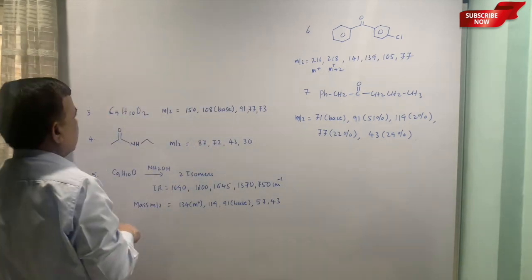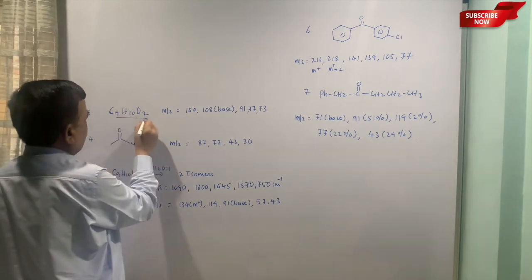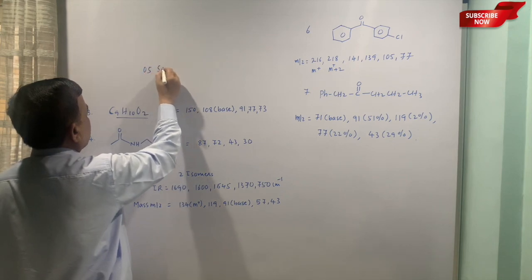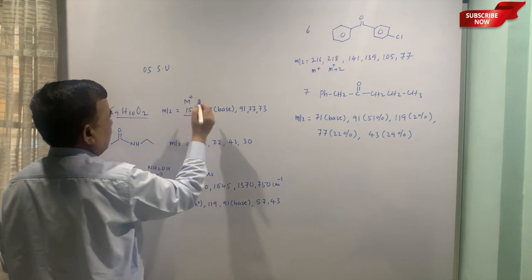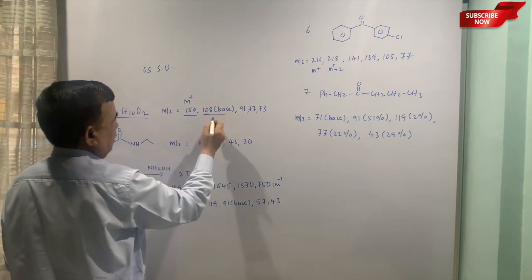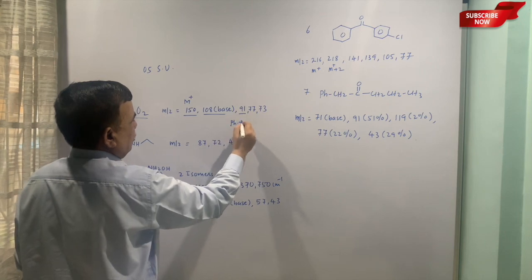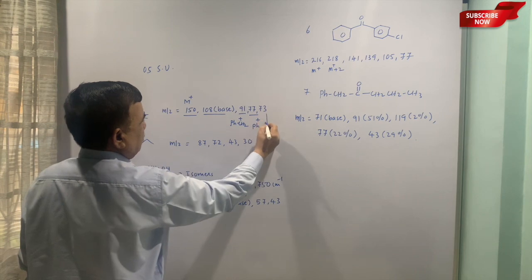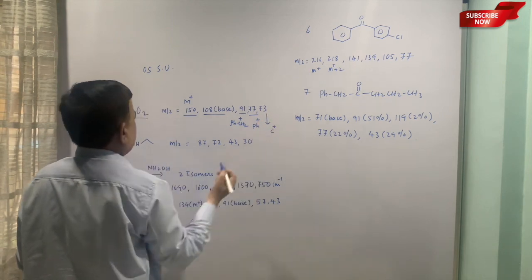and nothing else. Now, this is interesting example, C9H10O2, 5 sides of unsaturation, 150 looks like M plus, this is base peak, 91 is tropylium ion, and this may be another positively charged carbon.